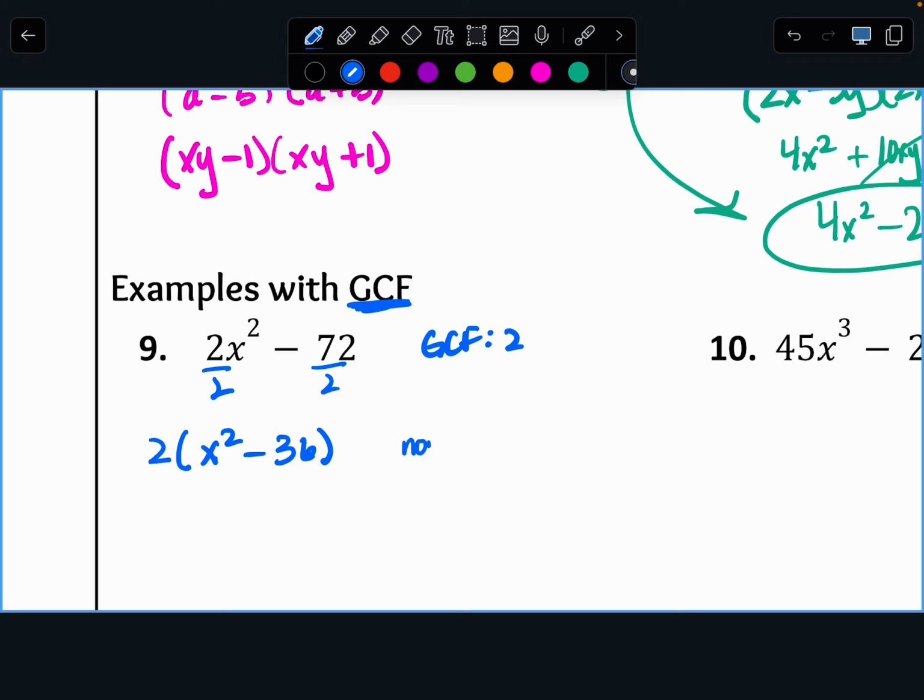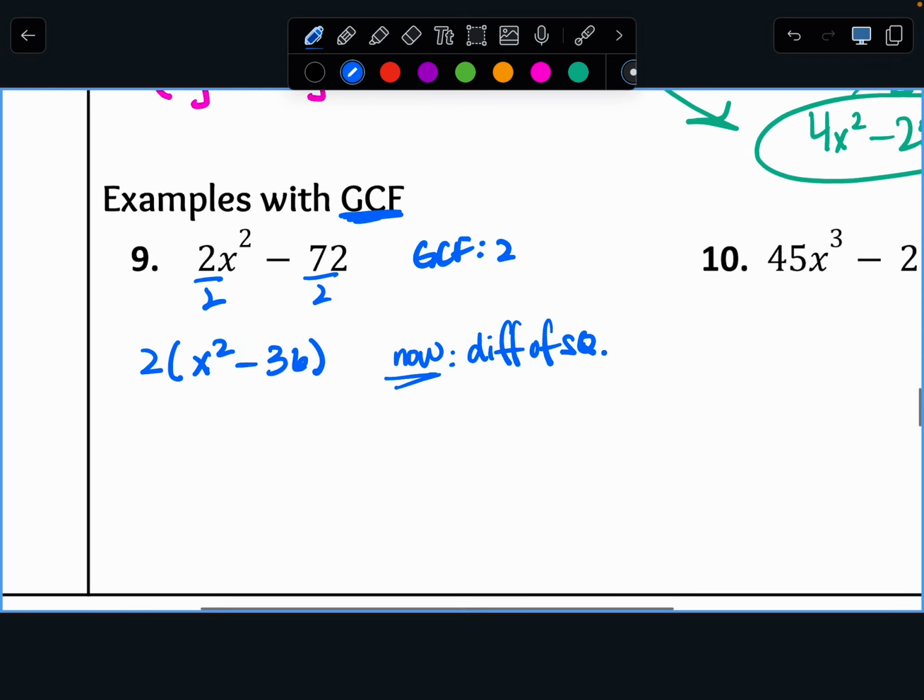Now, it's a difference of squares. So now we take the square root of x squared and the square root of 36 so that I get 2 times x minus 6, x plus 6, all because I factored out that 2.